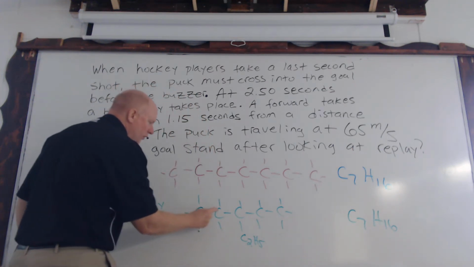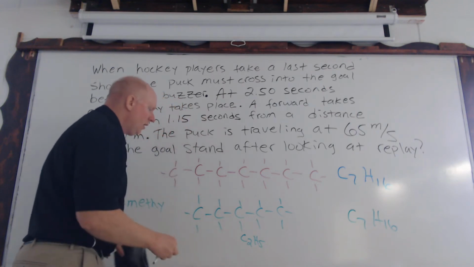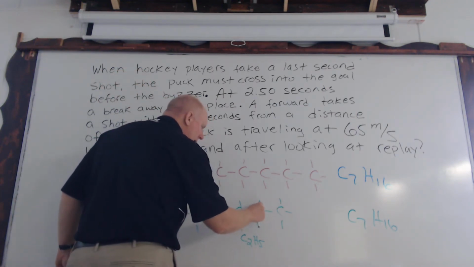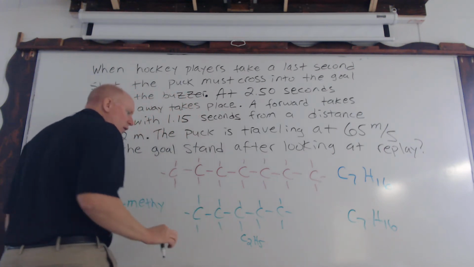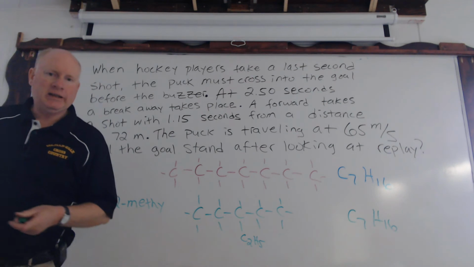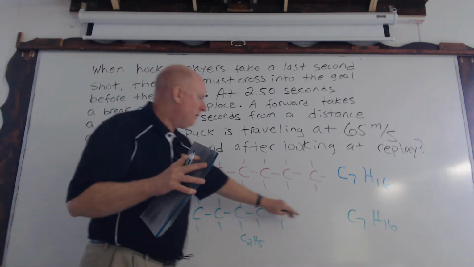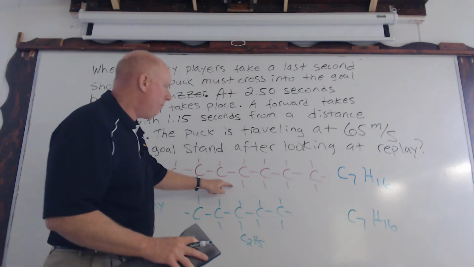So we got 1, 2, 3, 4, 5, 6, and 7. Our hydrogens, 5, 8, 9, 10, 11, 13, and 3 more gives you 16. That's one of the aspects we talked about earlier today with isomers. All of these had the same molecular formula, but a different structure from that parent chain of heptane.